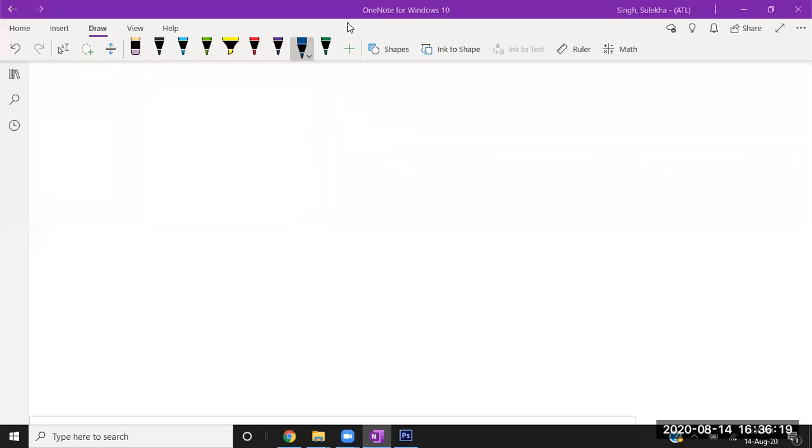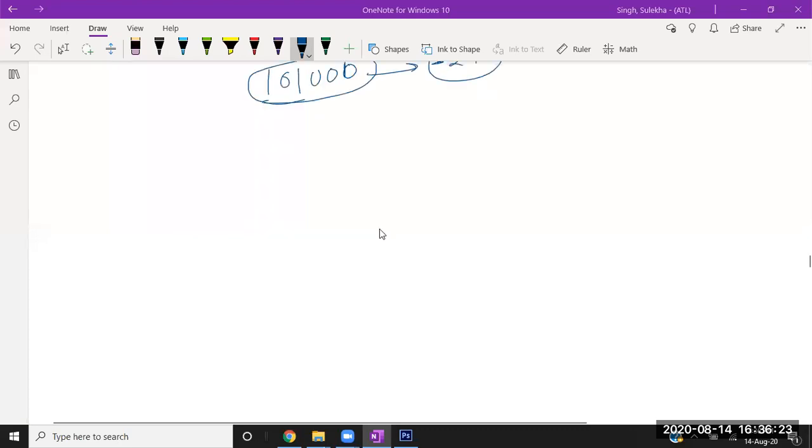Okay, so now we are going to see how we classify our binary numbers in a way that we can identify whether it is a positive number or a negative number. Suppose I am taking an example of 4-bit representation.